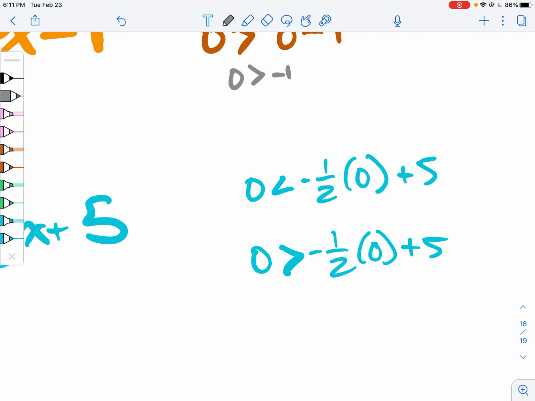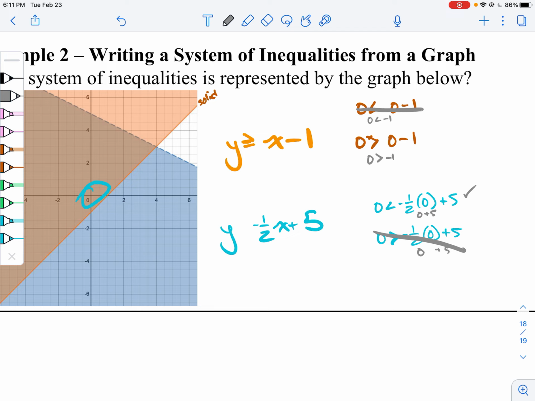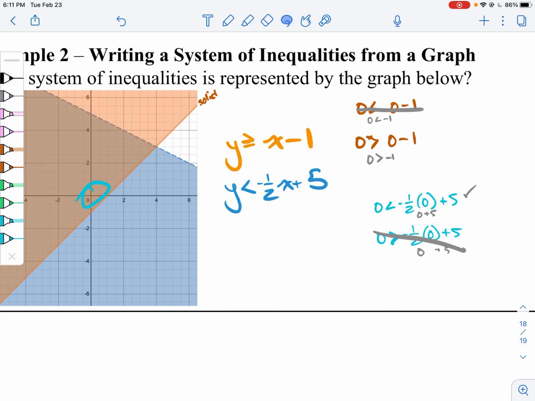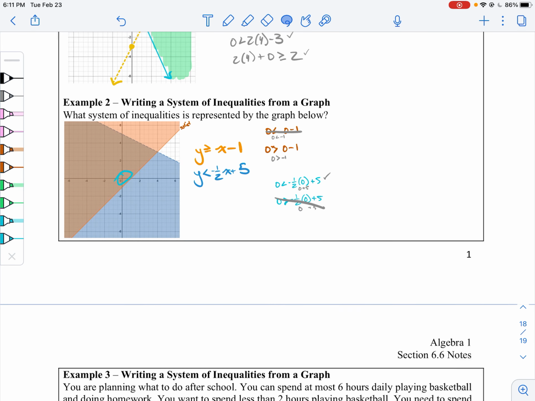Well, 1/2 of 0 is 0. 0 plus 5 is 5. 0 is less than 5. 0 is not greater than 5. So we want to go with a strict less than here. I'll make it dark blue so it super matches the graph. And there you go. That's our system of inequalities. Bye-bye.